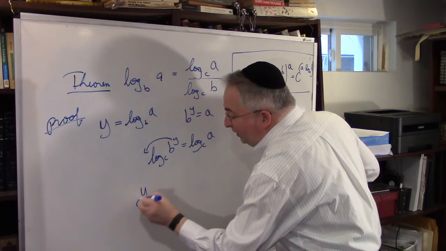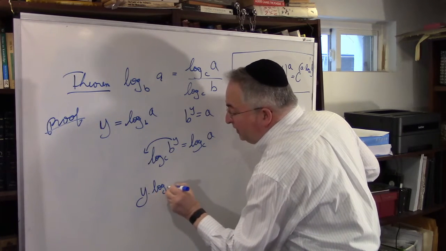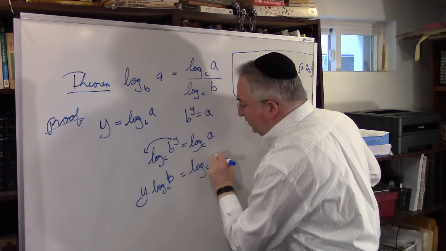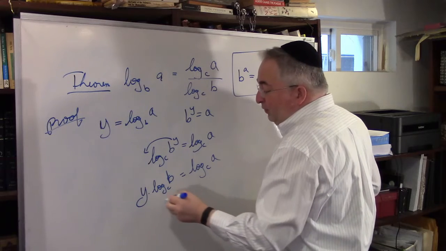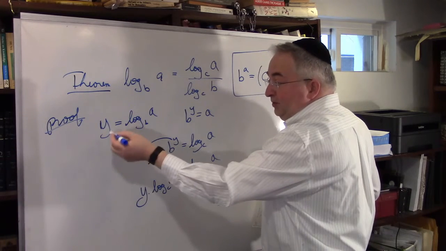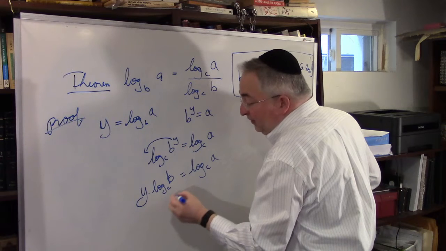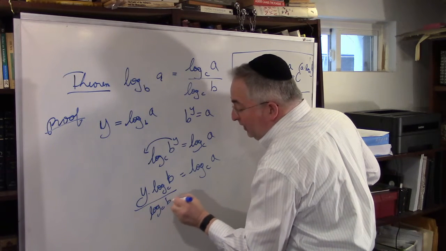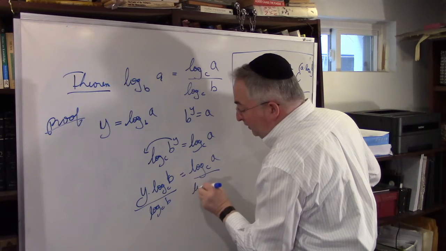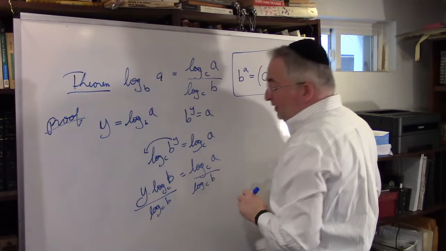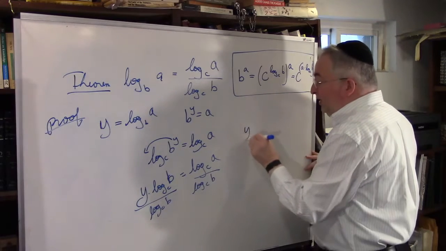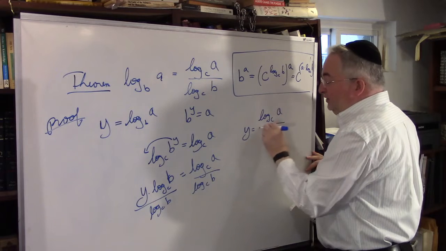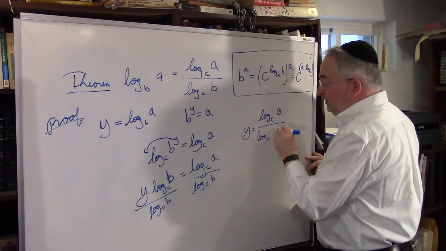So I get y times log base c of b equals log base c of a. I want to solve for y, that's the purpose. So I divide both sides by log base c of b, and I get y is equal to log base c of a divided by log base c of b.